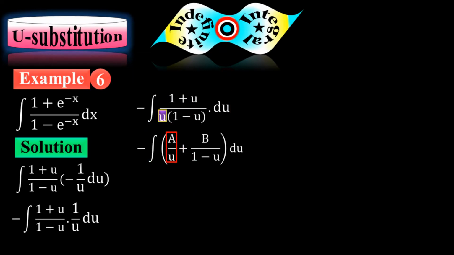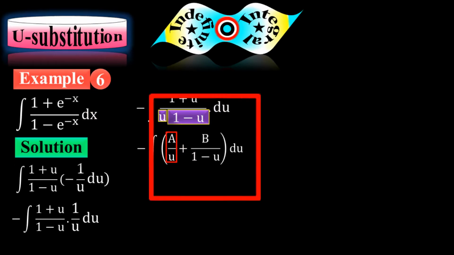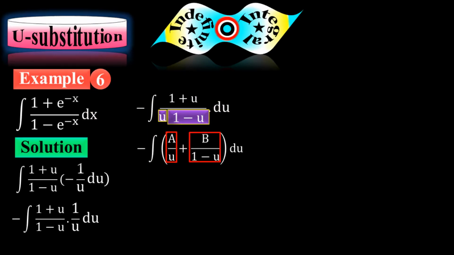For u, we make A over u. For 1 minus u, make B over 1 minus u. And one thing you have to remember, whenever you do the partial fraction, you need to look at the denominator. At the denominator we have a product of two terms, u times 1 minus u, and therefore we made separate terms.